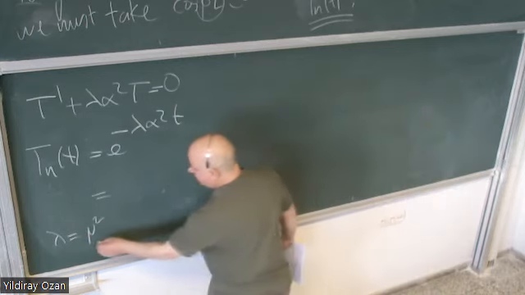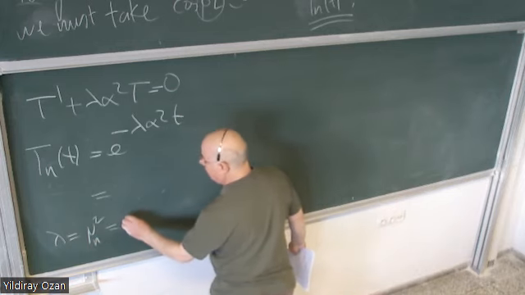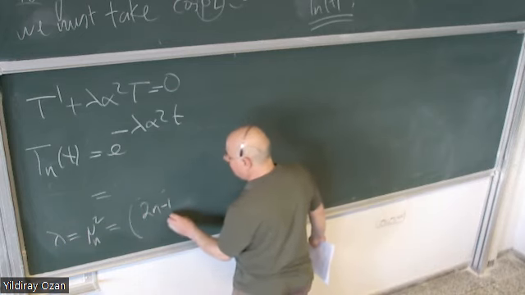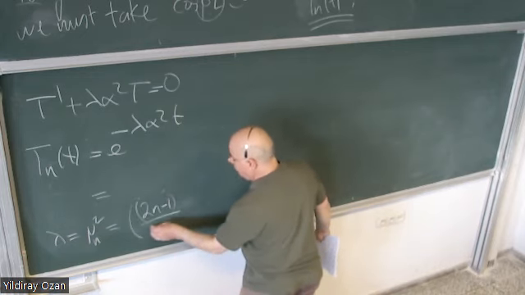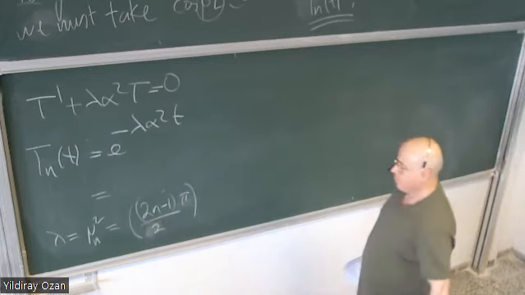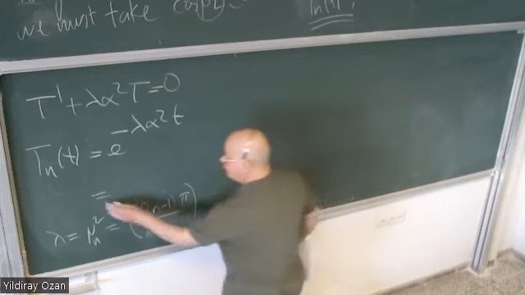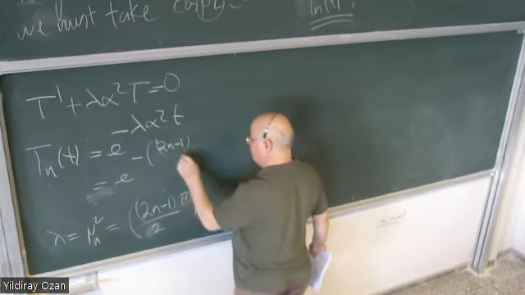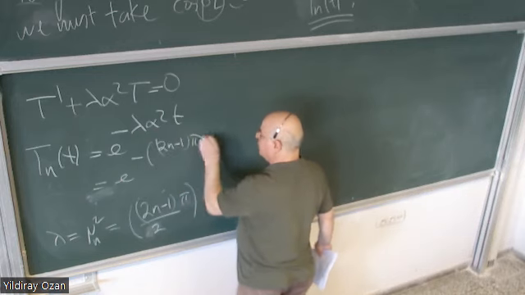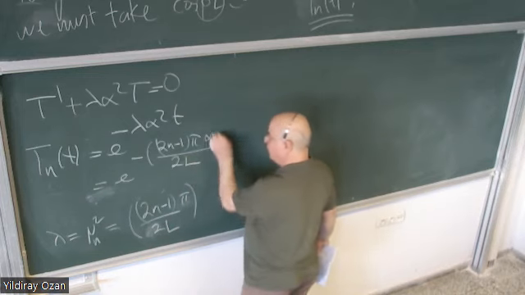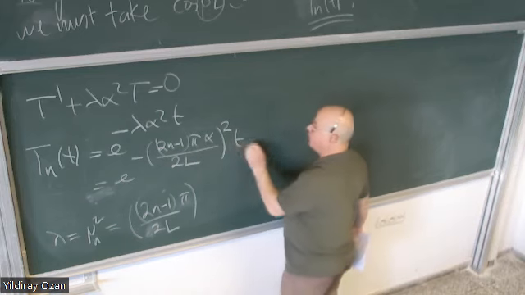And mu is just mu n, and it is 2n minus 1 pi over 2L. I will square this. So e to the power minus 2n minus 1 times pi, with alpha, divided by 2L, squared, times t.